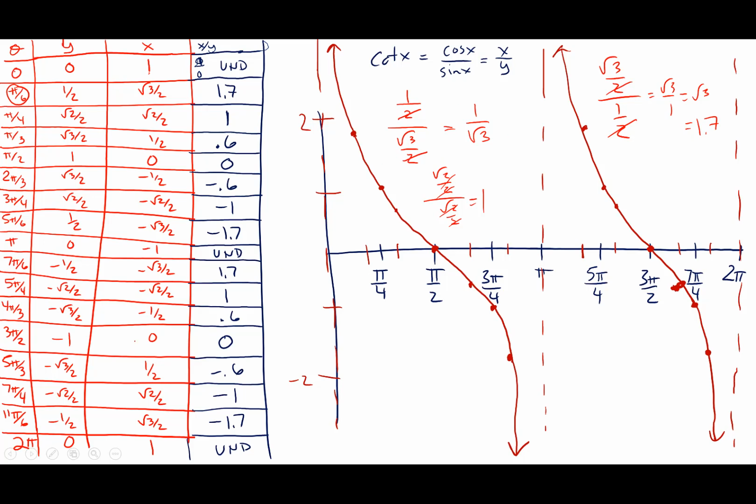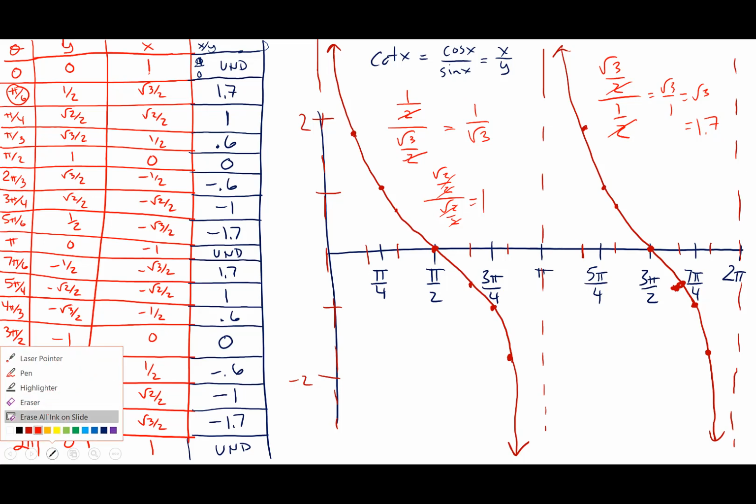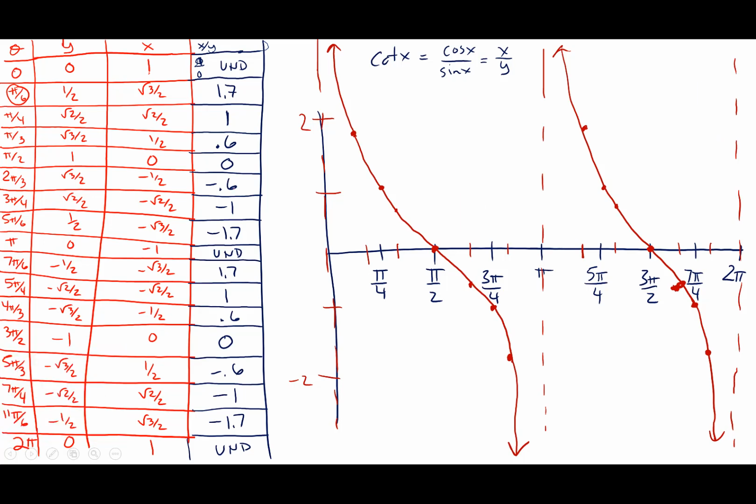Alright, let me clear this real quickly so it's not going to be messy when we're doing the graph. Alright, so 1.7, then a 1, then a 0.6. So this one right here corresponds to root 3 over 2 over 1/2, just so we're not confused.